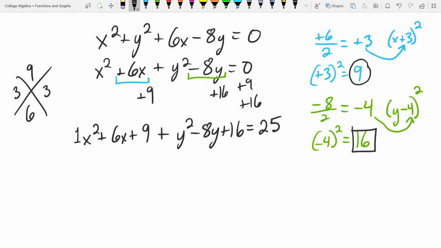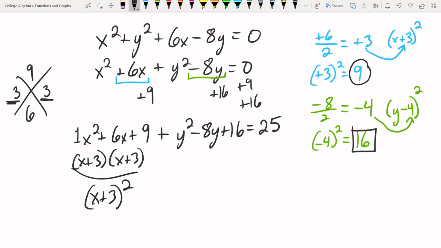Since a is 1 here, we have the shortcut method, namely x plus 3 times x plus 3. And this is the same thing as x plus 3 squared, which we already found right here. I'm just showing you a different way of proving that it actually does work.